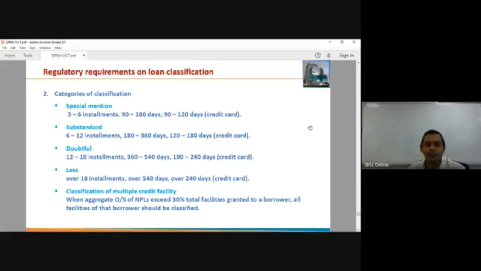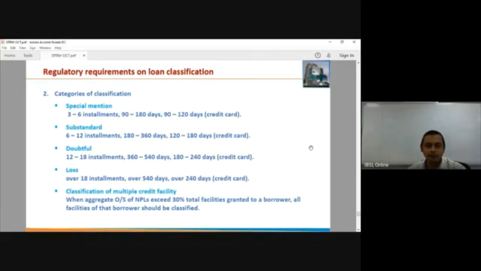So stage 2 is a kind of in-between category. Right? So depending on the probability of default, you may put it under stage 2. If the probability of default is more, you need to put them under stage 3.